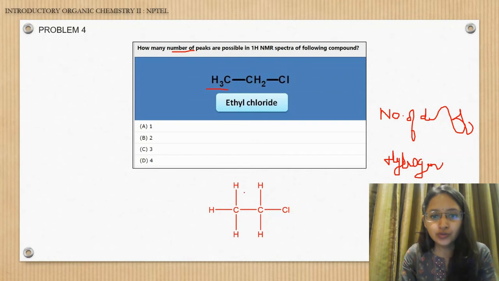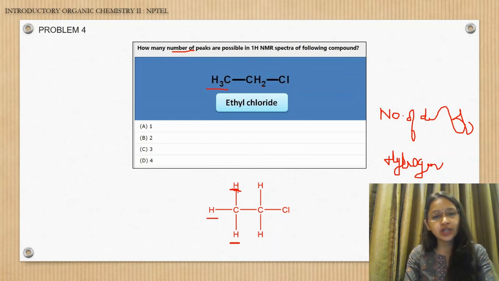So talking about these methyl hydrogens, they have CH2 protons in the vicinity. So they all have the same environment; these are equivalent protons. Do you agree that these hydrogens are equivalent because they have the same environment?